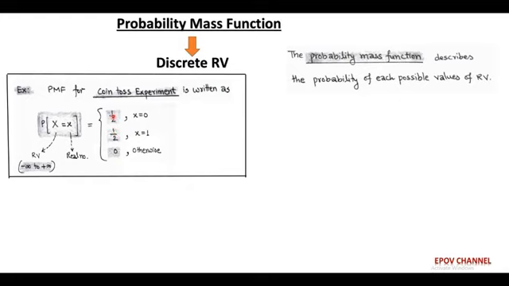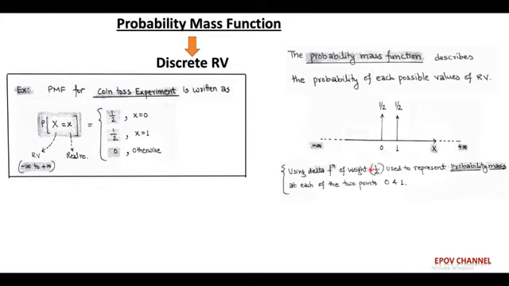To represent the probability mass function, we have an infinite range of the random variable in one-dimensional space, from minus infinity to plus infinity. On this, we assign two finite real values, 0 and 1. For this, we use a delta function or impulse function of weight half at x equals 0 and x equals 1.